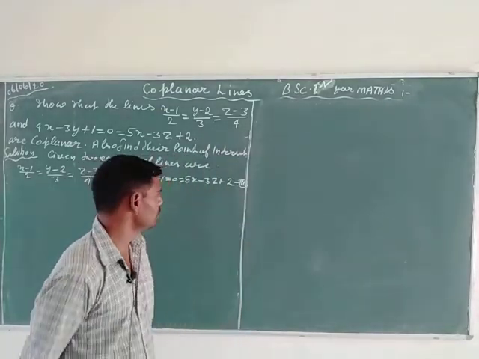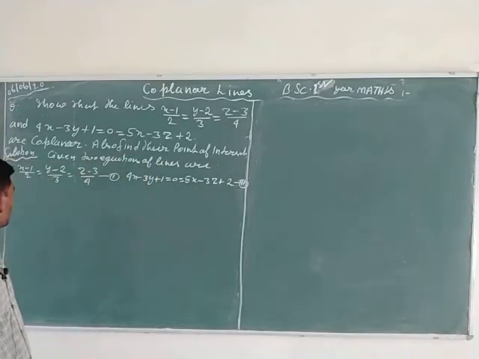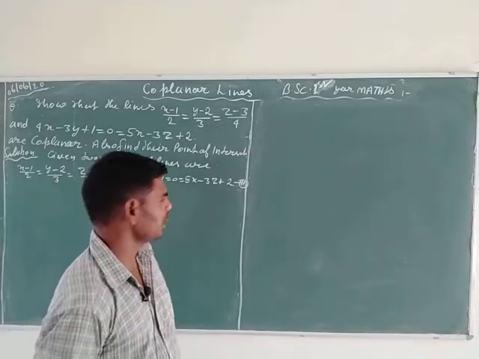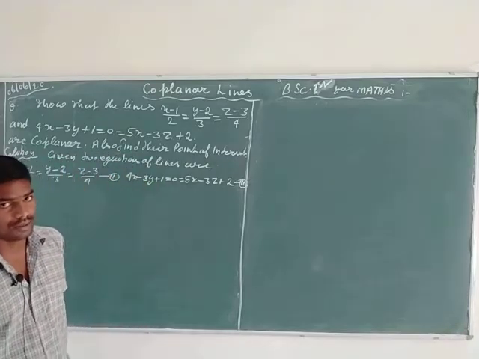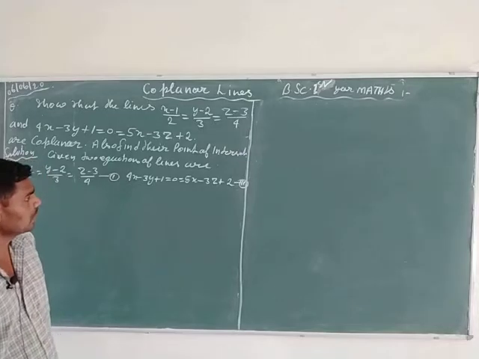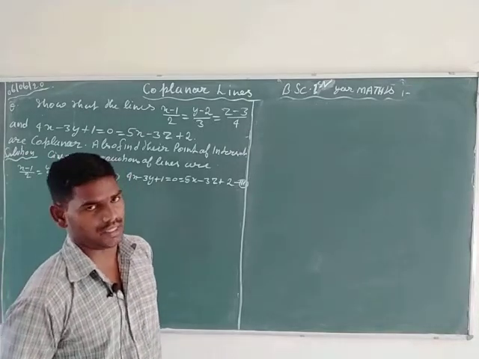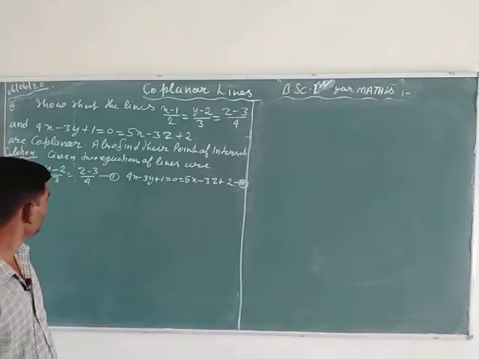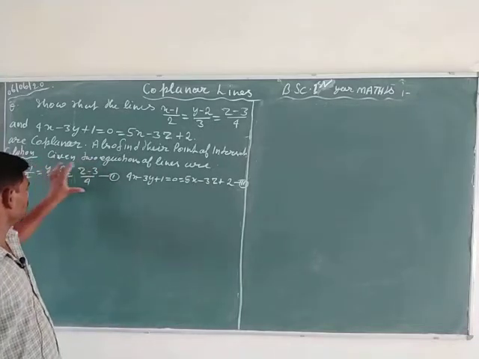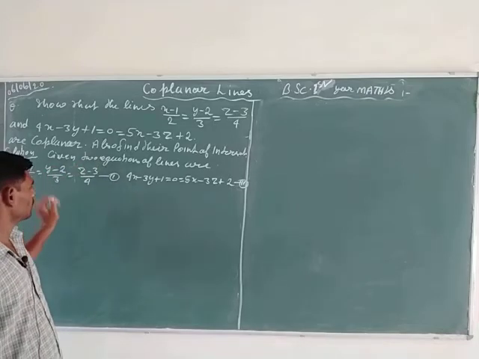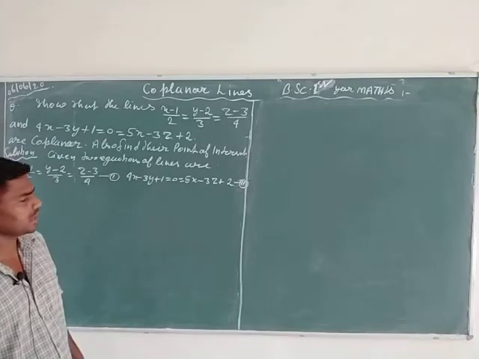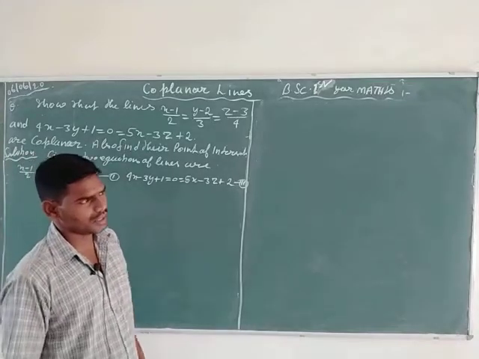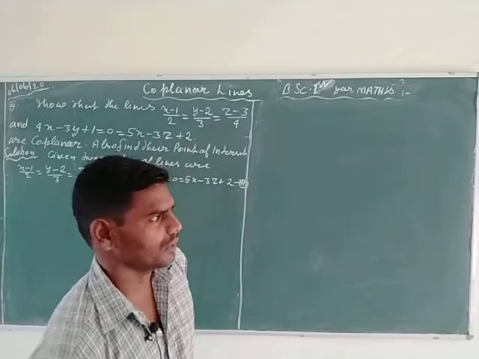If this is true, then the coordinates of the intersecting point on the first line must satisfy the equations of the second line, means the first plane equation and the second plane equation. Therefore, it is clear that these two lines intersect each other, means coplanar.